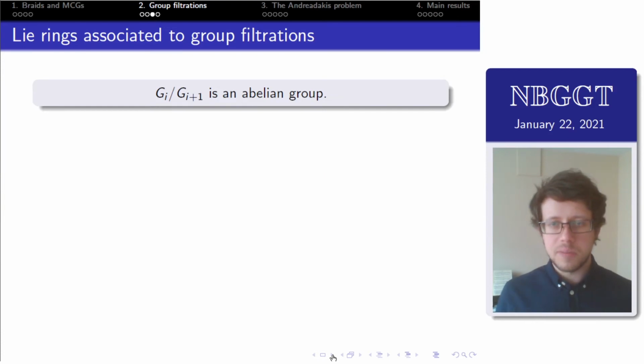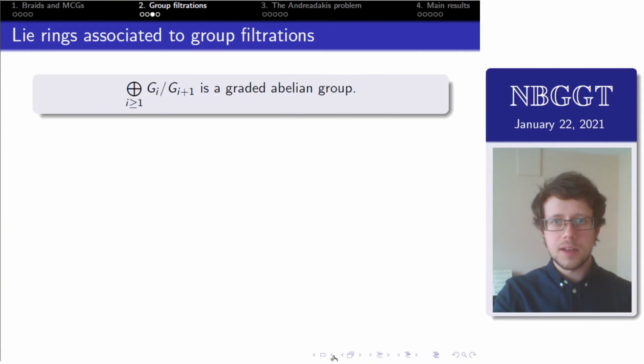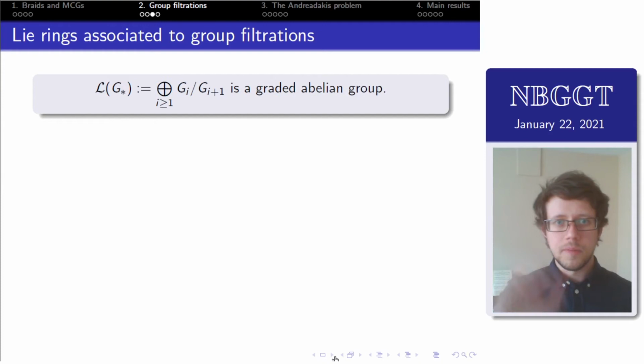This is an abelian group because of the centrality condition. And then I will take the direct sum of all of these abelian groups, and this gives a graded abelian group, and we give it a name, which is L, like Lie ring or Lie algebra.